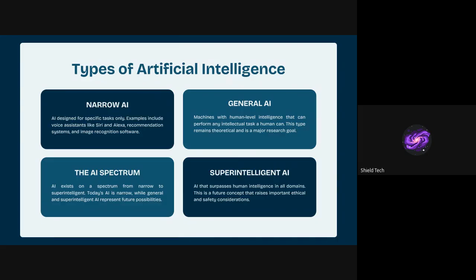Then general AI. This one is a machine with human-level intelligence. This one gets crazy. For most of us who like movies, you've seen Transformers, Optimus Prime, Bumblebee, and we think it's all just movie stuff, not knowing that these things could somehow be real.